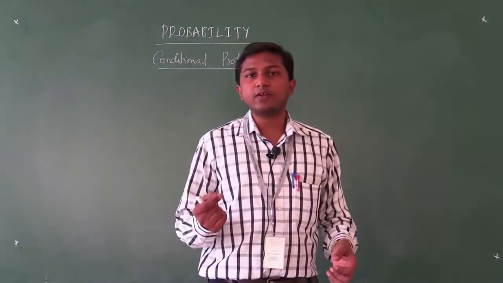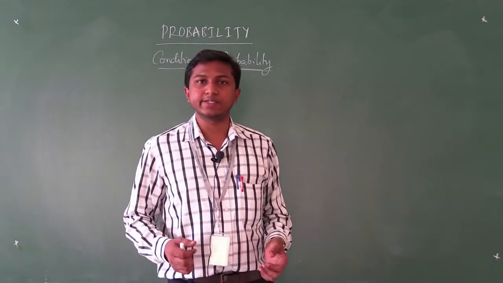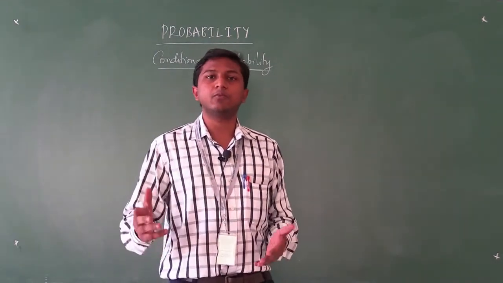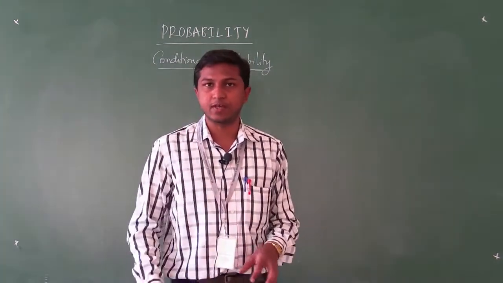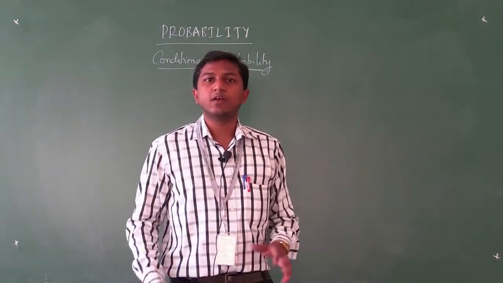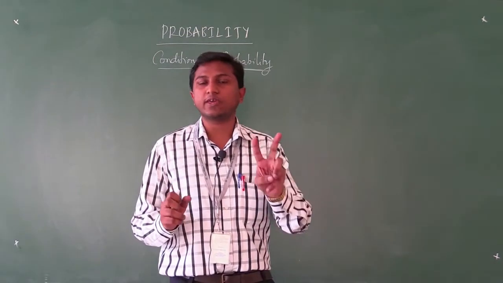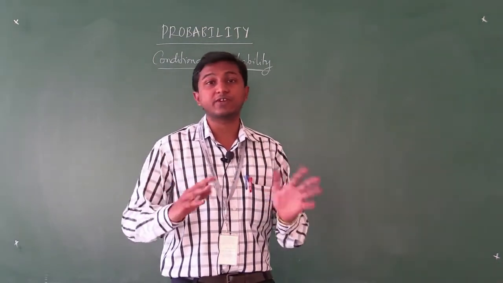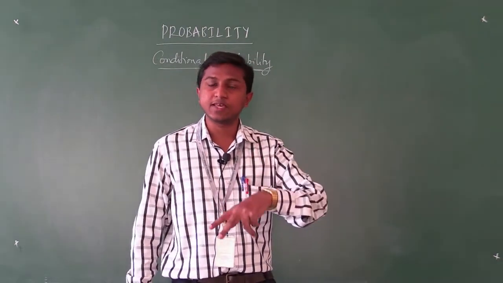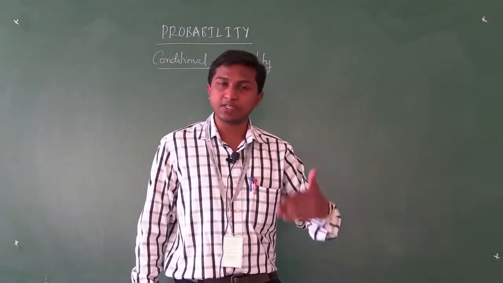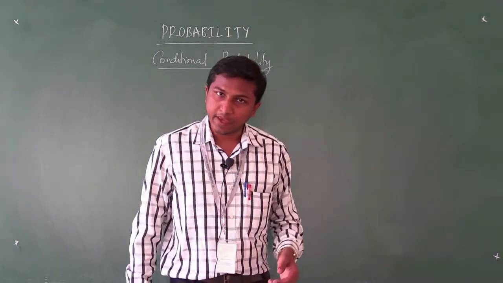To define conditional probability, we need a minimum of two events pertaining to the same sample space. Please make a note of that. We should not be taking two events connected to different sample spaces, but two events connected to the same sample space of a particular random experiment.